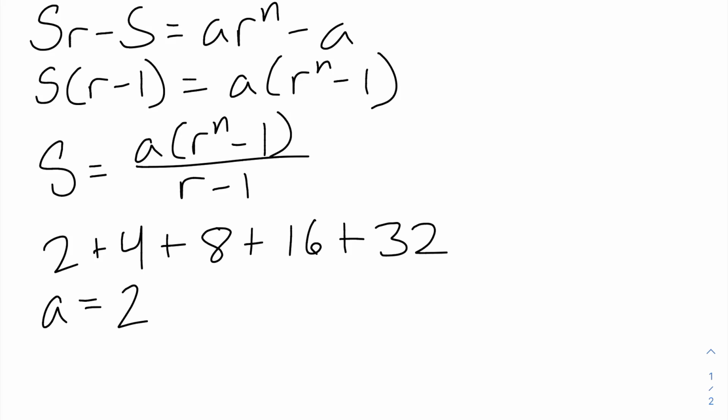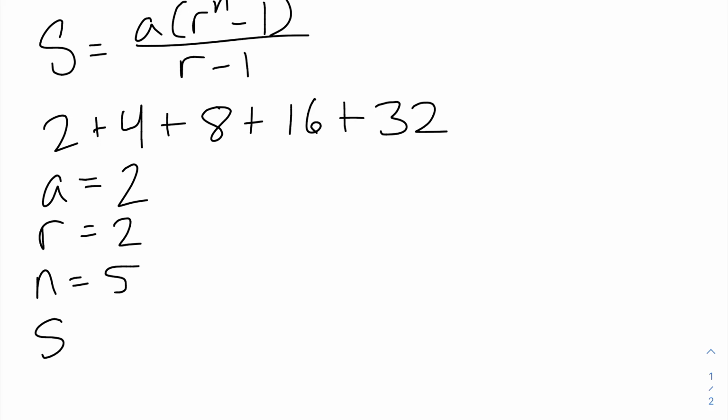The common ratio is going to be 2, because 2 times 2 is 4, 4 times 2 is 8, and so on and so forth. So R is equal to 2, and n is the number of terms we have in our series: 1, 2, 3, 4, 5. So n is equal to 5.